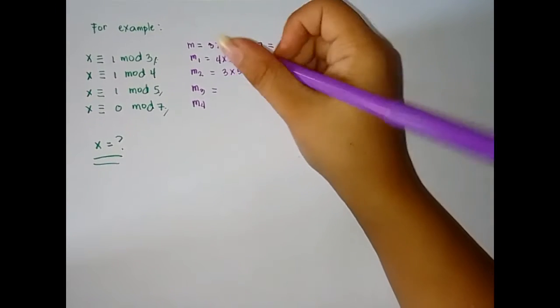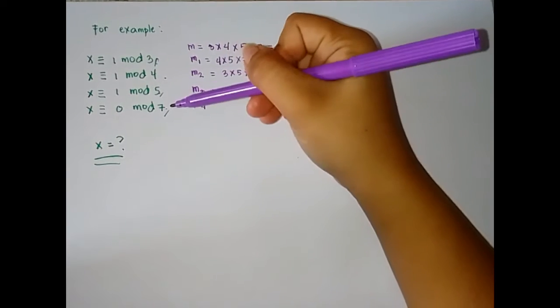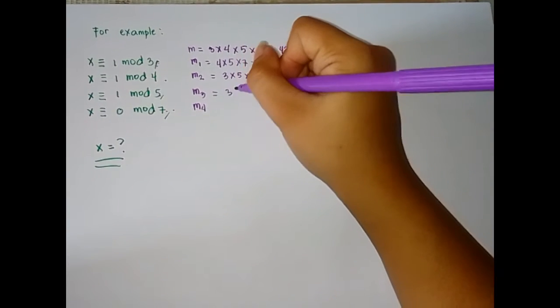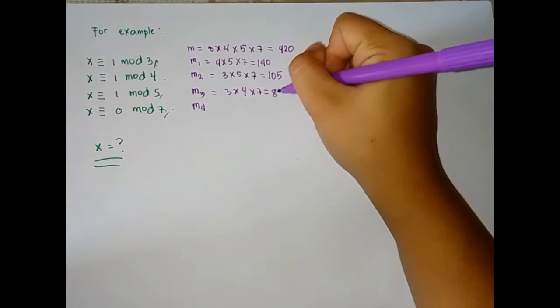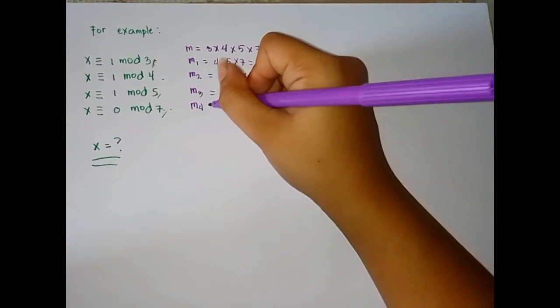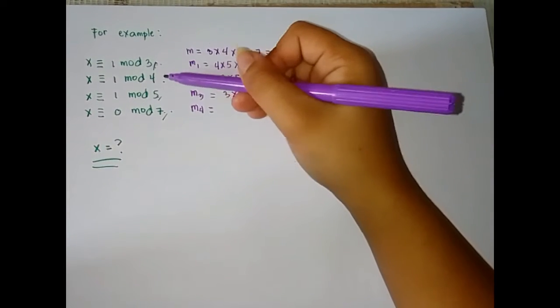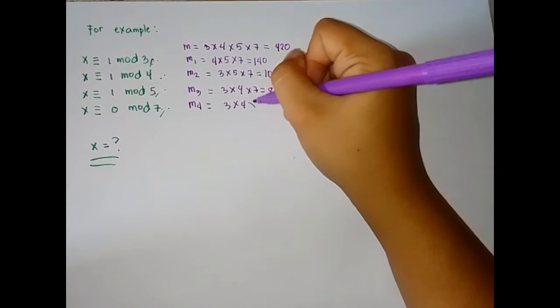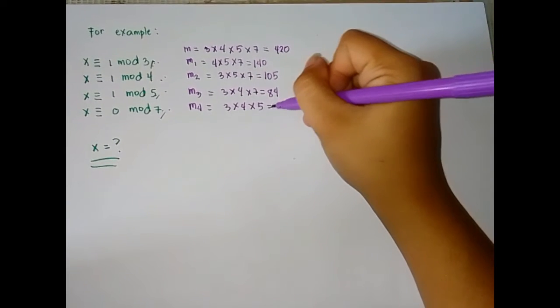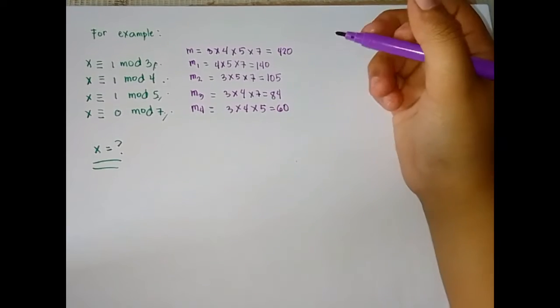For m3, we'll multiply 3, 4, and 7. We have 3 times 4 times 7, that is equal to 84. For m4, we'll multiply 3, 4, and 5. 3 times 4 times 5 is equal to 60.